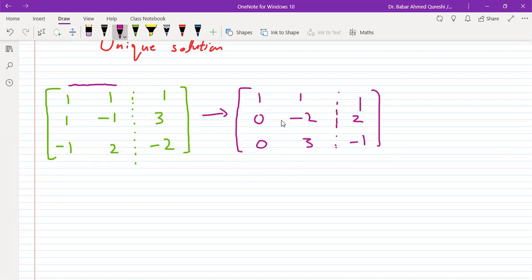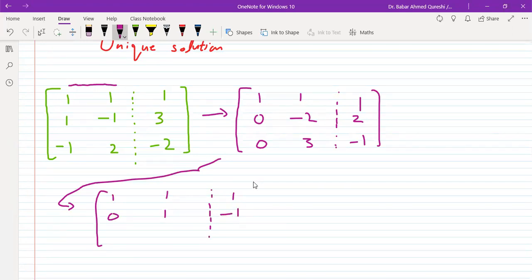Now, this guy, this is the lead variable, you have to make everything below it 0. But before doing it, because I'm bringing it into echelon form, let's make it 1. Then it's easier to add as well. Multiplying by -half.